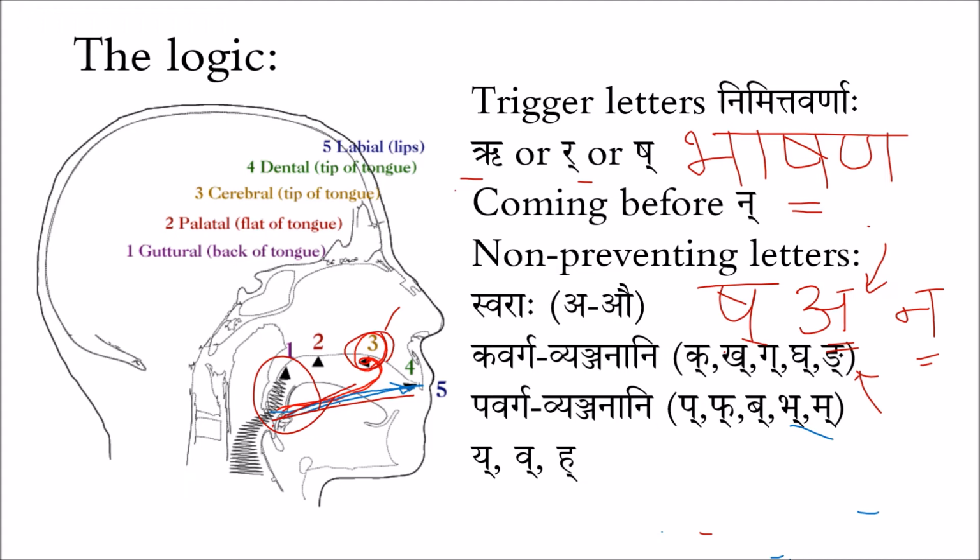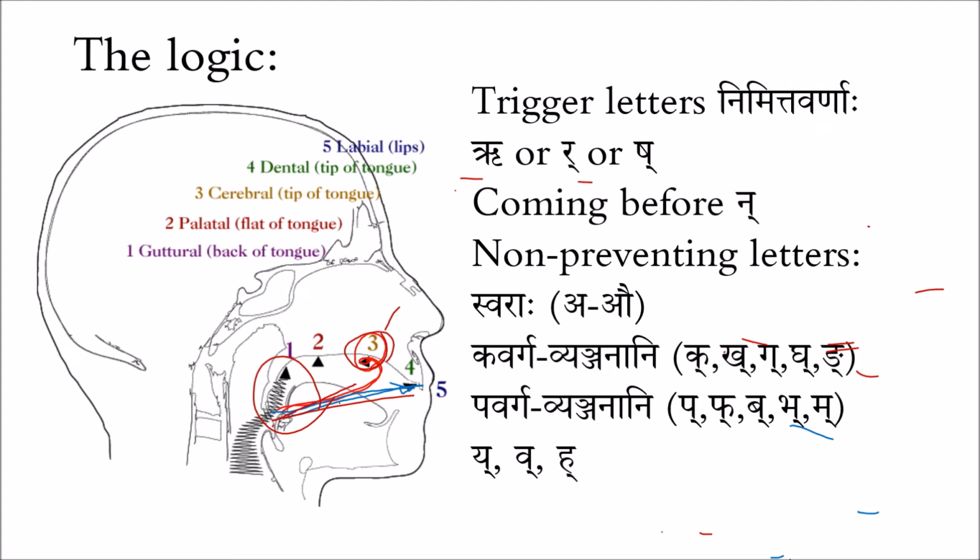Now, look at the ka series. What is the position? The position is kantha. See the kantha again. The tongue is not moving there. Obviously, this part is not moving. There is some touch here, or some compression here.